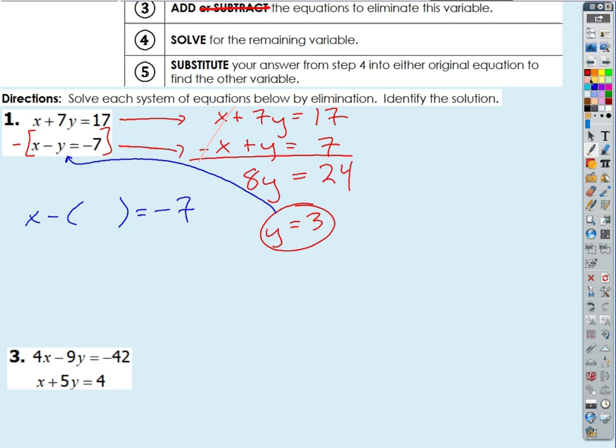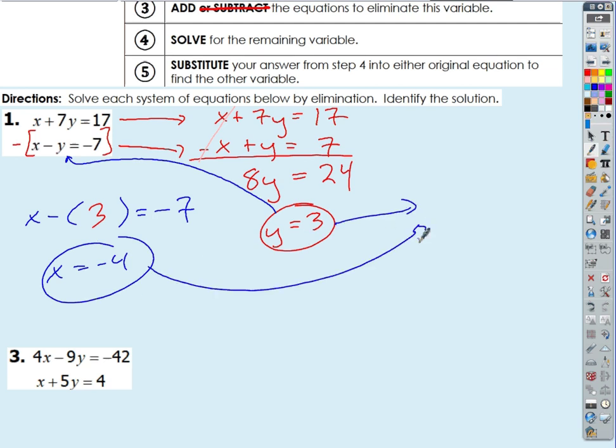Well, what y value am I dumping in? 3. Okay, now there's only one thing left to do to solve for x. What's that? Add 3. And what do I get? Okay, and then I'll write that as an ordered pair. -4, 3. Okay, you get the idea?